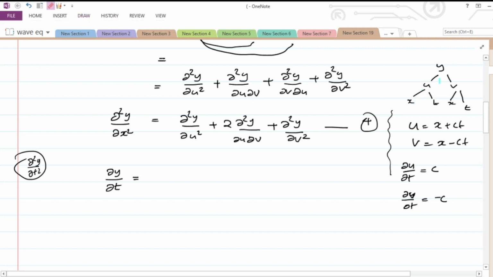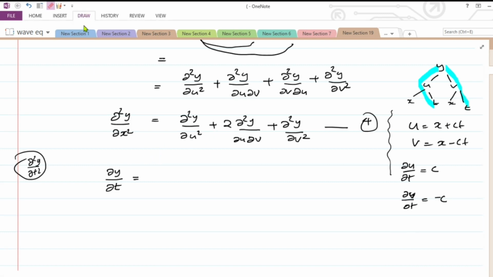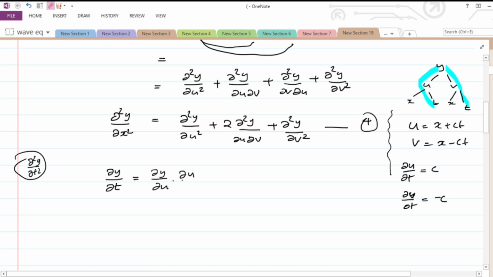To take that, we can travel from y via u to t, and we can travel from y via v to t. Okay, so these two paths we have to take. So ∂y/∂t becomes ∂y/∂u into ∂u/∂t plus ∂y/∂v into ∂v/∂t.